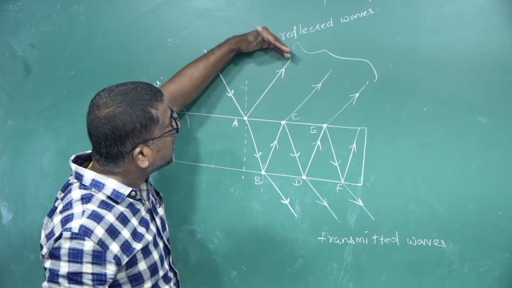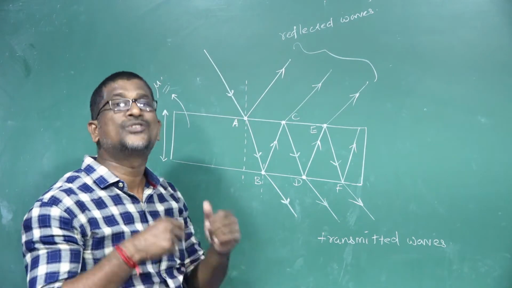Both the reflected waves and the transmitted waves produce interference.